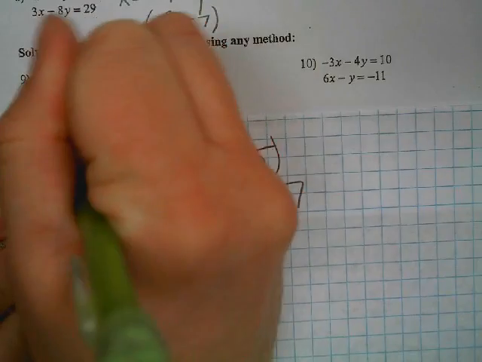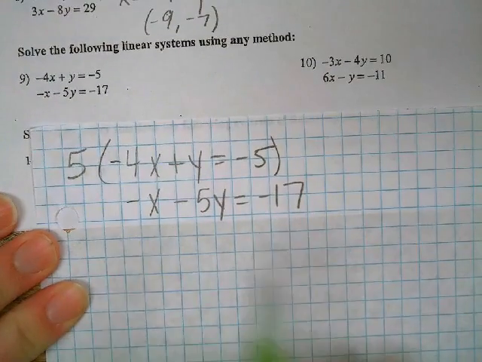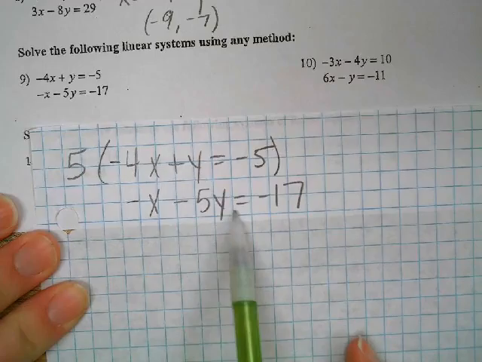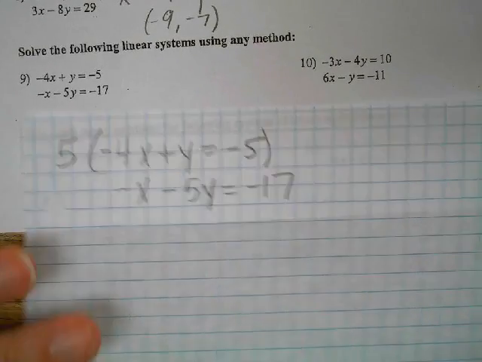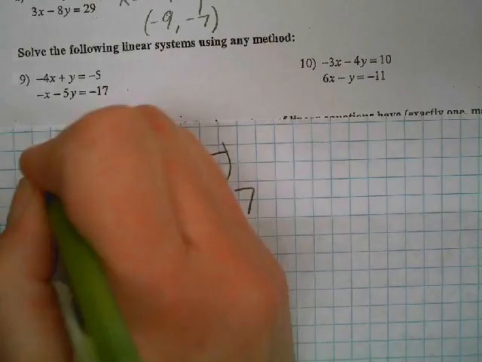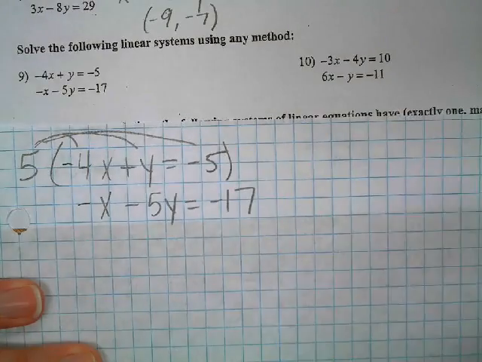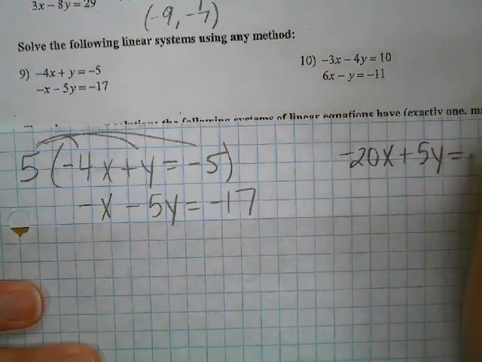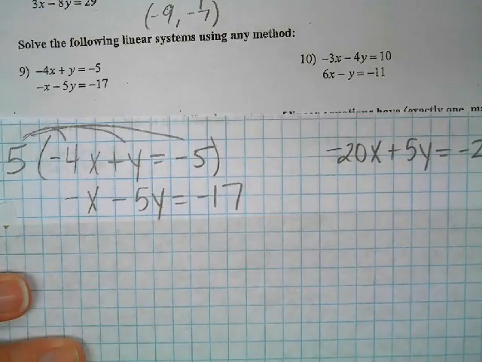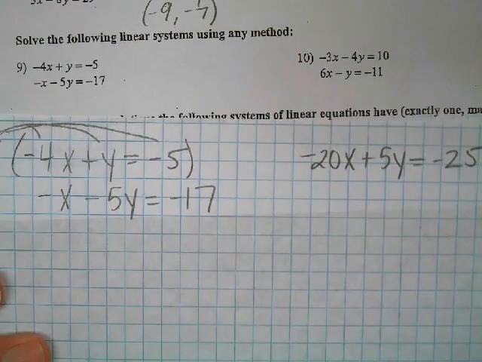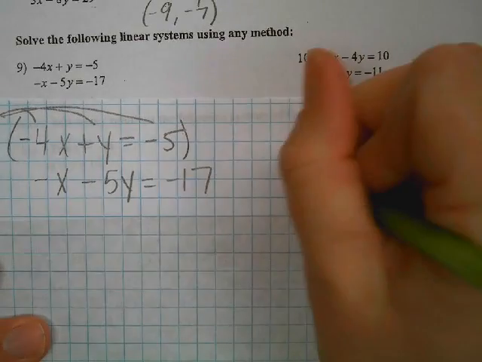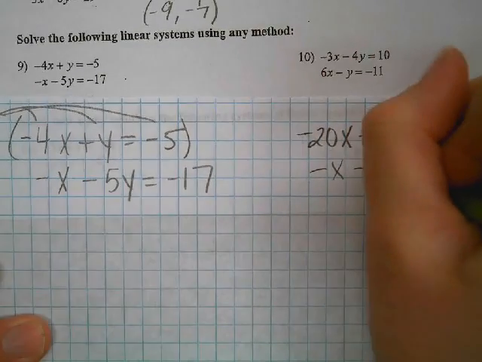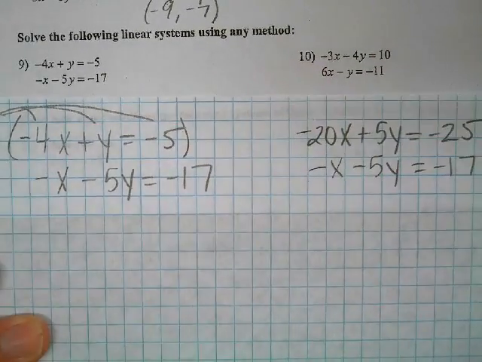I'm going to multiply the top equation by 5, and that will allow the y's to eliminate. So if I distribute a 5 to all three terms, I get negative 20x plus 5y equals negative 25. I'm not going to do anything to the bottom equation, so I'm just going to write it exactly how it is on the study guide.